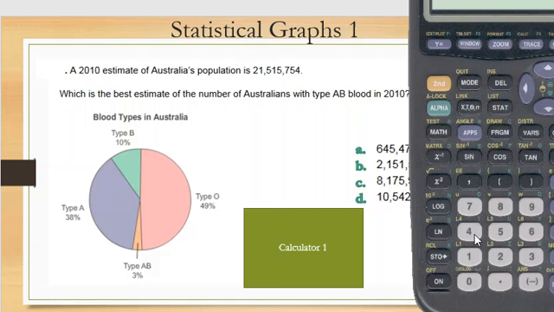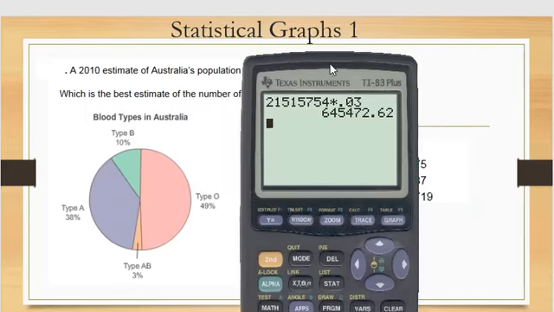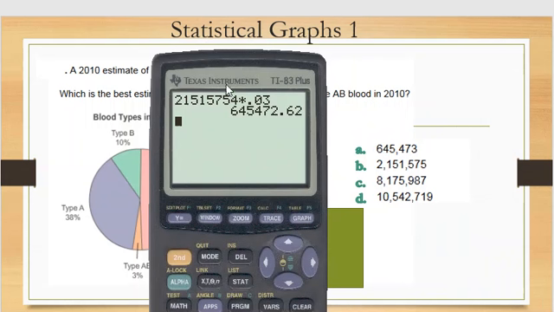And we want to know the AB blood type. So if you look at the graph, the percentage of AB blood types is 3%. And you've got to convert that to a decimal. And so this is what your answer is going to be. See how I typed in the total population times 3%. And so our answer is going to be A.